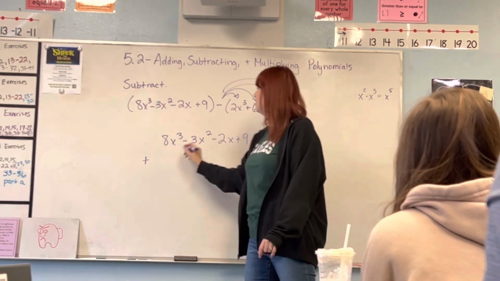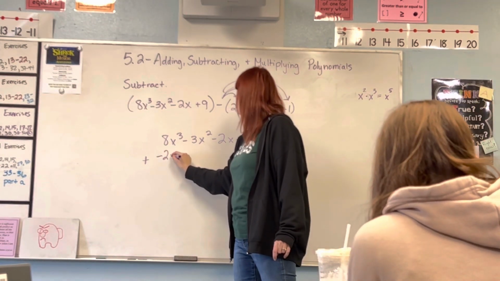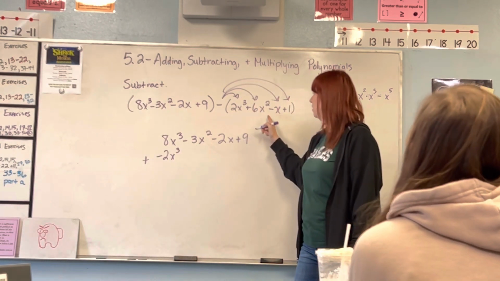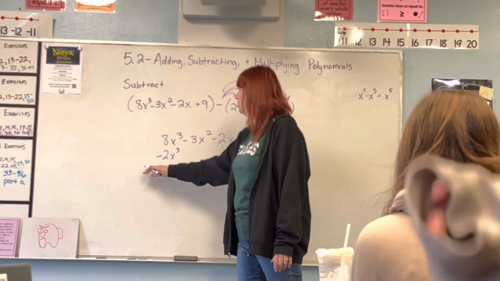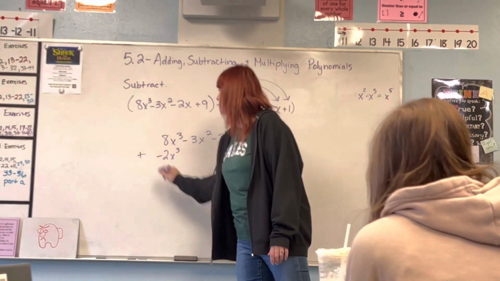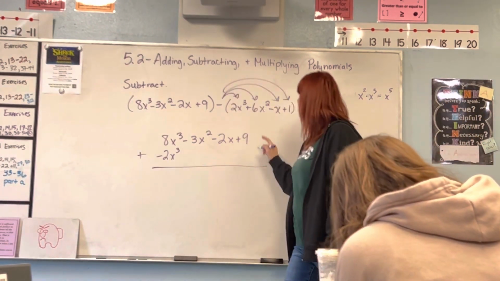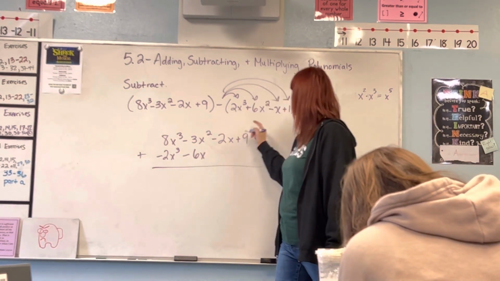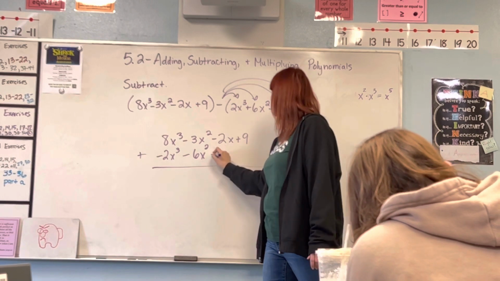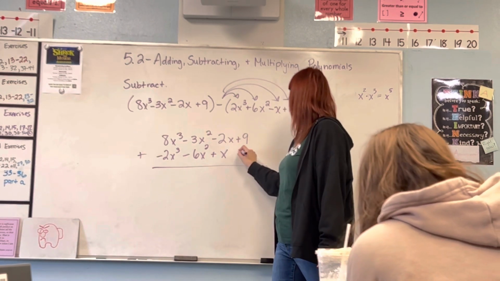So we change this to negative 2x to the third. Are we always gonna put the plus sign? Yeah, or you can just know that you're combining them. I'll keep the plus sign there. So negative 2x to the third, change the sign, minus 6x squared, plus x, minus 1.